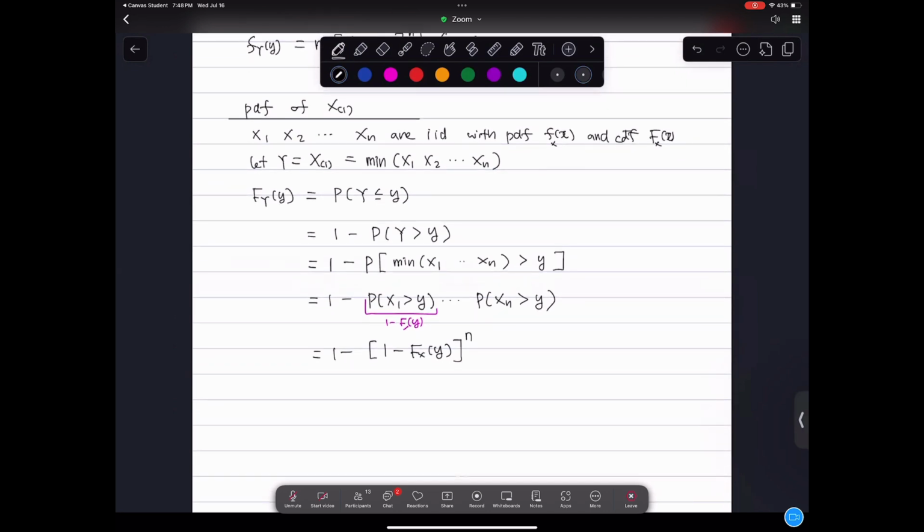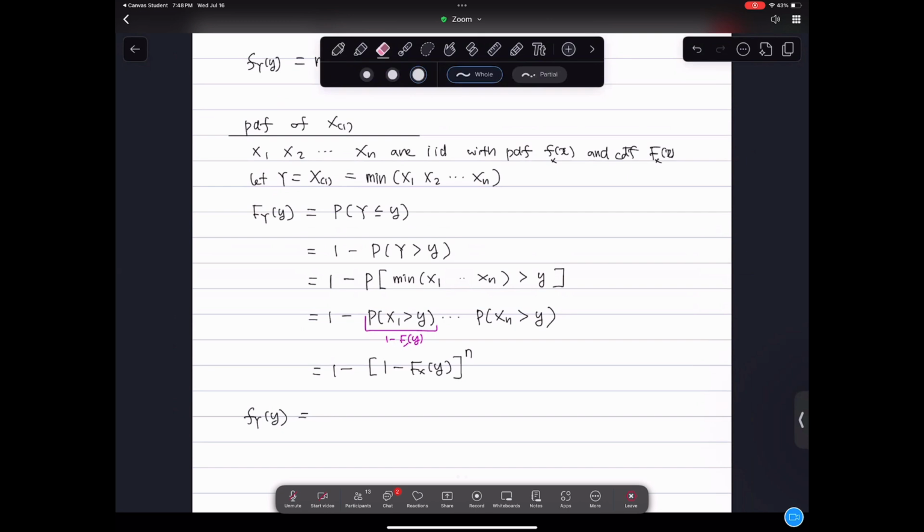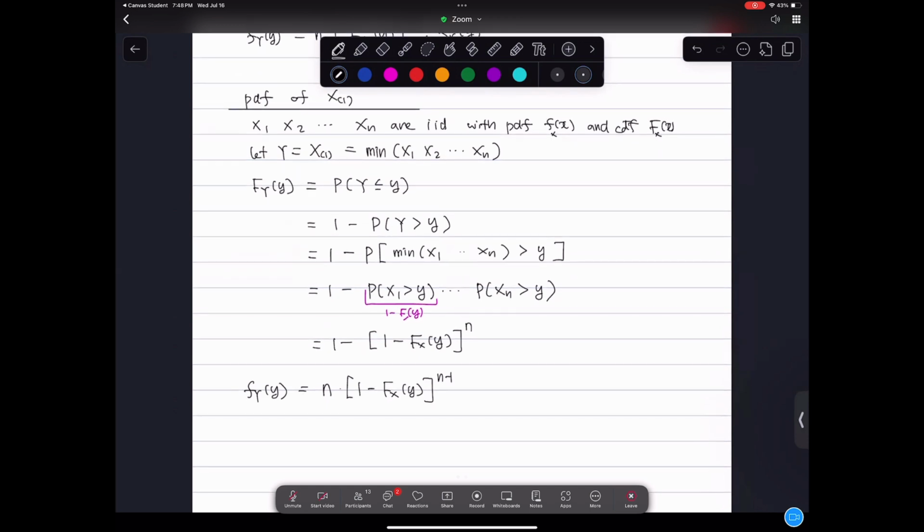So if I take the derivative of this, let me just do it right away. You're getting n times this whole thing, to the power of n minus 1. I forgot the negative because I'm getting my negative when I do the derivative of the inside. So you're getting f of y. So this is it. This is your smallest order statistic. I don't want to do any more than that. So this is it.